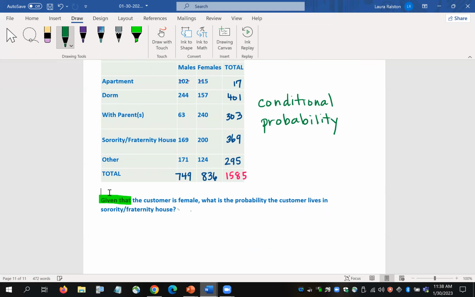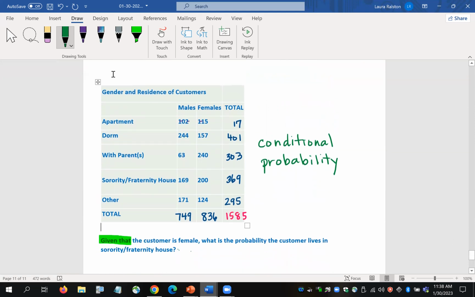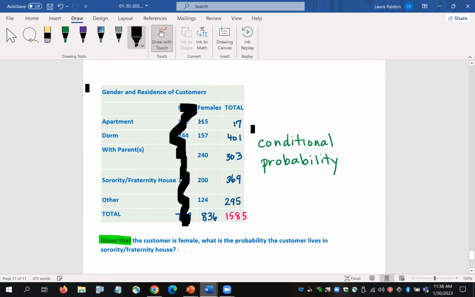We know the customer is female, which means in this scenario, I do not care at all about the males. I don't even care about the totals. All I care about are the females because it tells me that my customer is a female.